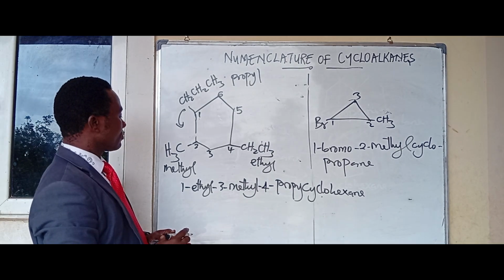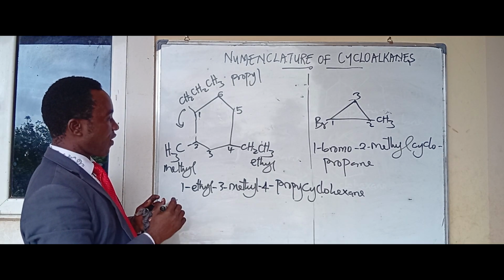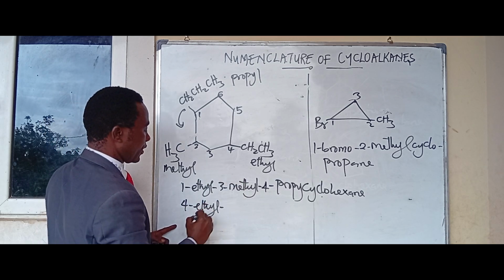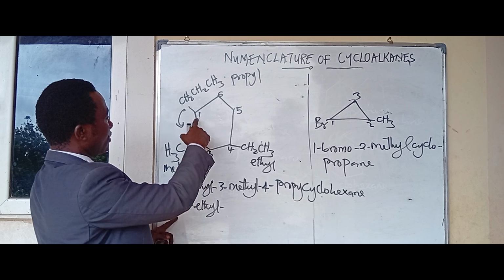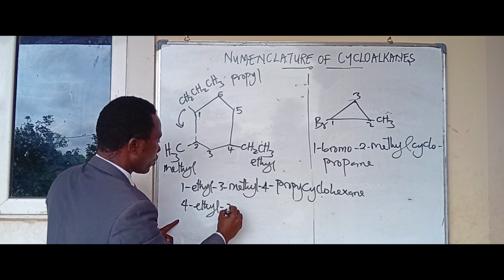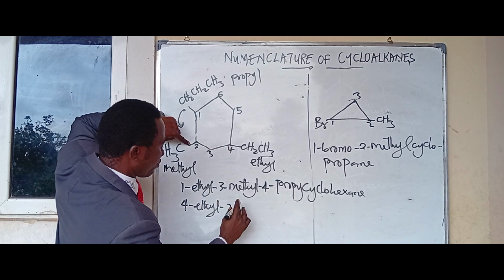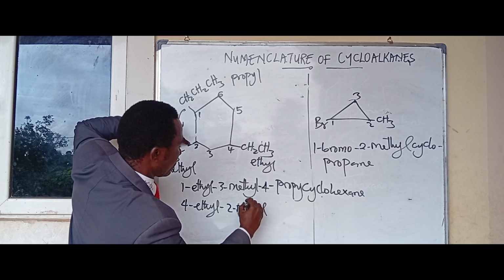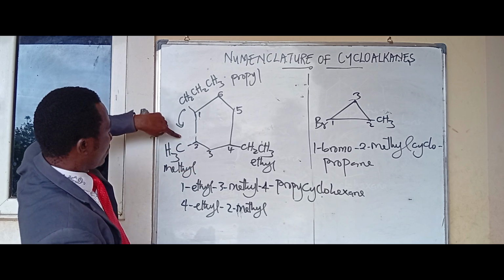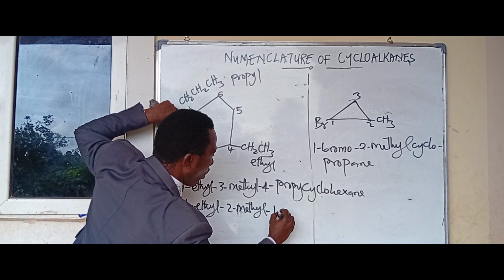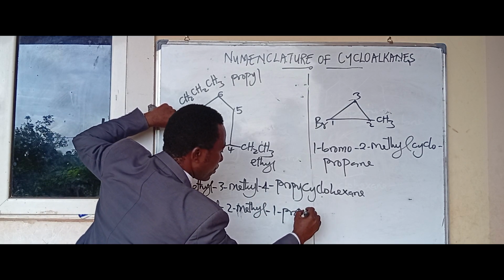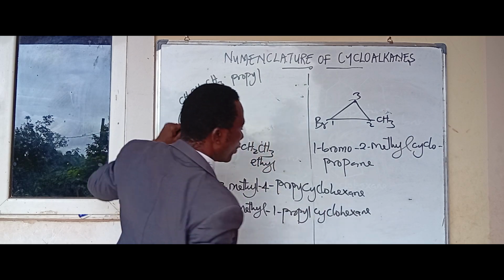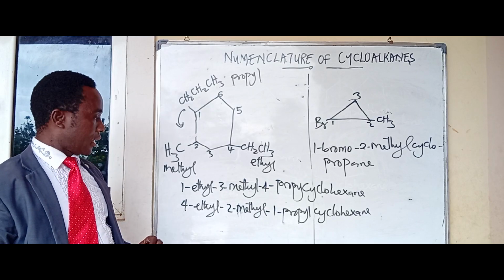So alphabetically, we now have 4-ethyl, then 2-methyl, then 1-propyl cyclohexane.